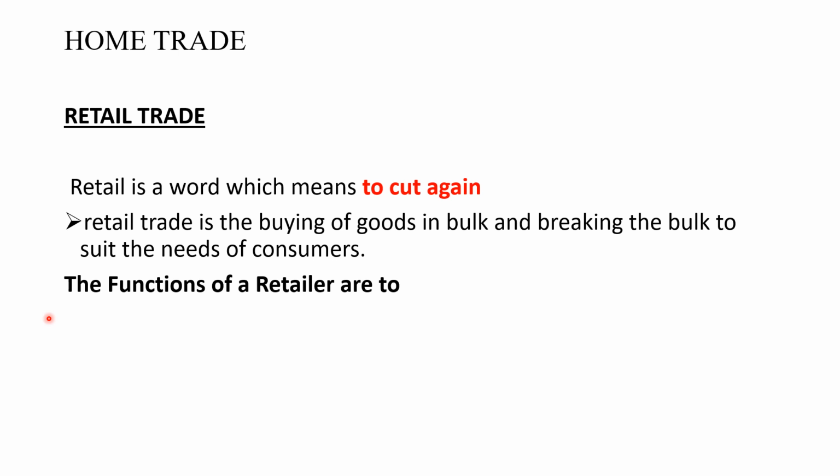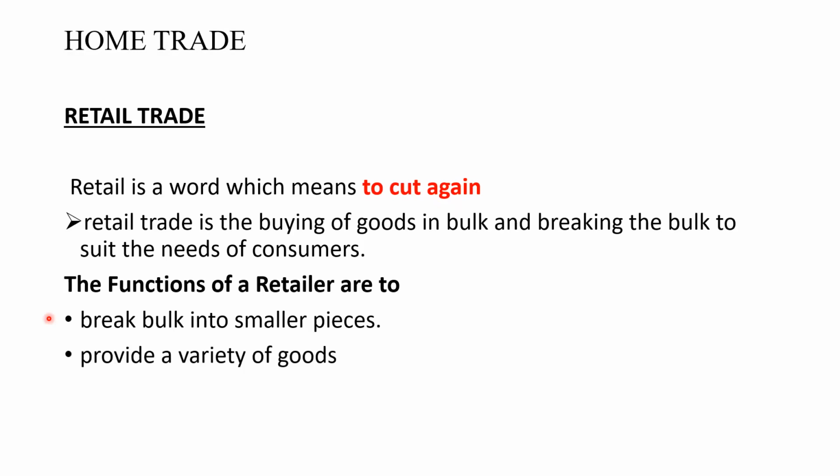The functions of a retailer are two. A retailer is an entity that is involved in retail trade. These are the functions of a retailer: one, to break bulk into smaller pieces; two, to provide a variety of goods. Wholesale normally may be involved just in selling bags of sugar.